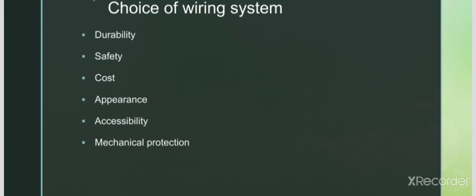Next is safety: the wiring selected should not be risky to any human being. The cost is also a very important factor, so the wires we select should be economical. Appearance: the wiring must have a good outlook after its installation.